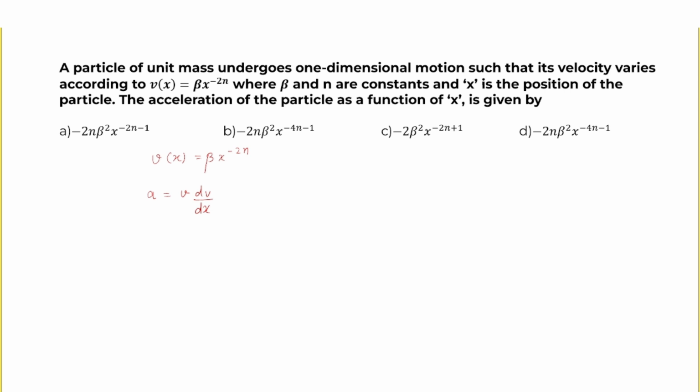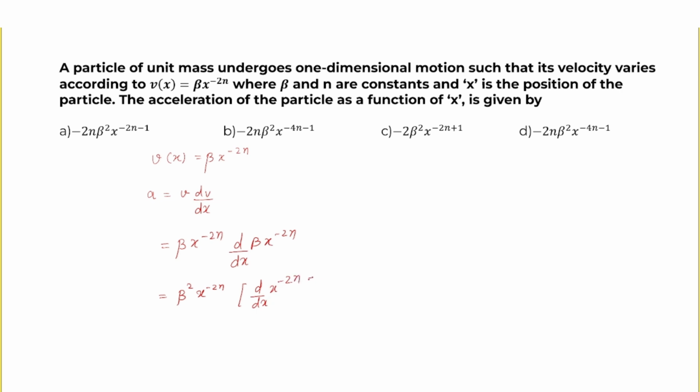So here we will write v as beta x to the power minus 2n, and the differentiation d by dx of beta x to the power minus 2n. Now we can see that beta is constant, so we can take it out. It will become beta square x to the power minus 2n into the differentiation d by dx of x to the power minus 2n.